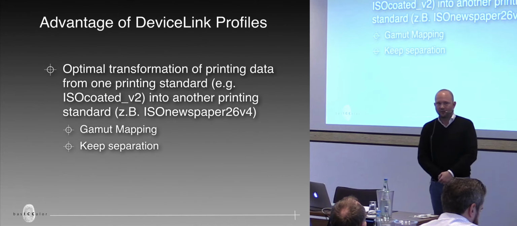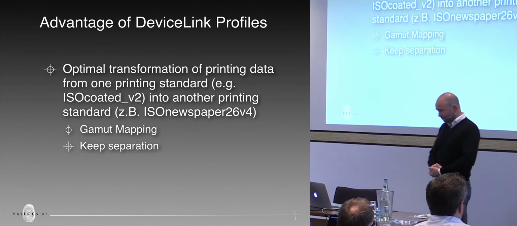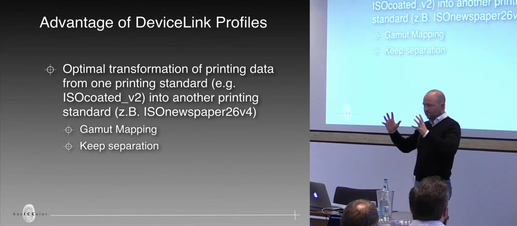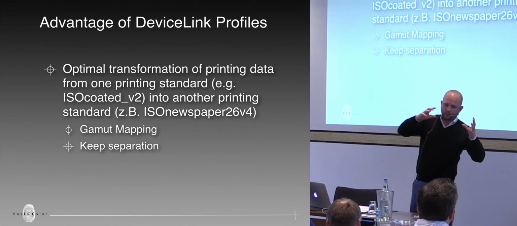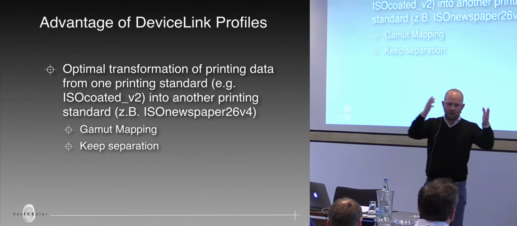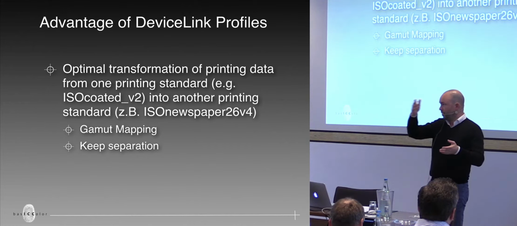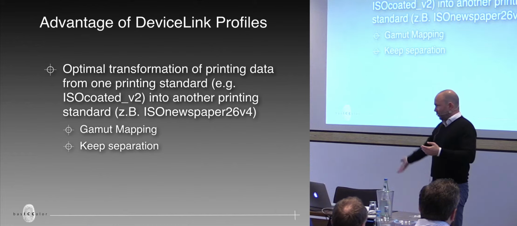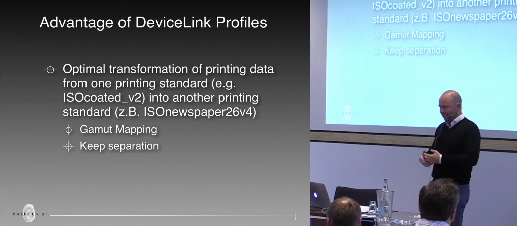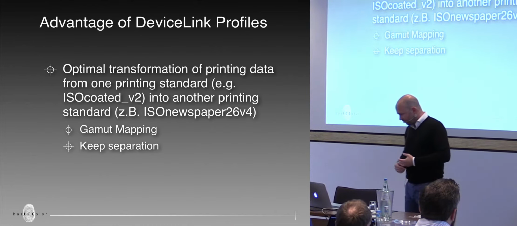So the advantage of a DeviceLink profile is the optimal transformation from one print standard to another. It can be from offset to newspaper, from offset to gravure, from offset to digital printing. It doesn't have any limits.